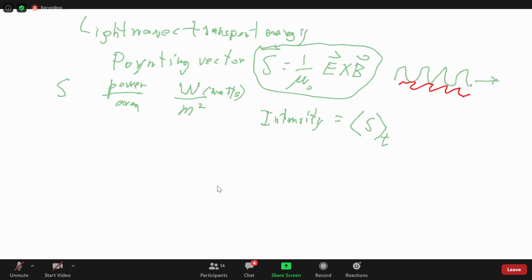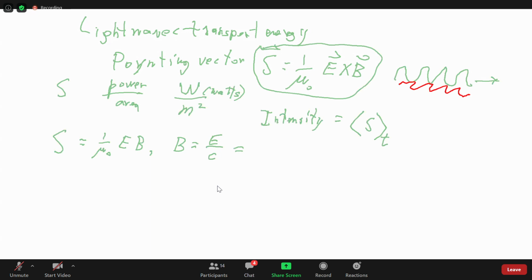Let's get the magnitude first. So S is equal to this magnitude, 1 over mu 0, E times B, right? We've already taken out the cross products. We already determined in the previous lecture, when we discussed the properties of the waves, that the magnetic field amplitude B is the electric field amplitude divided by the speed of light.